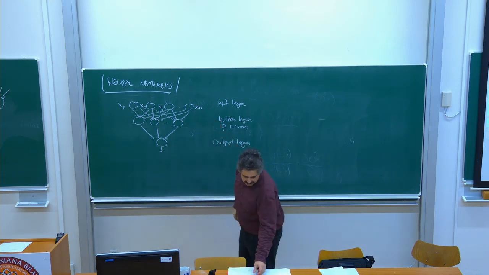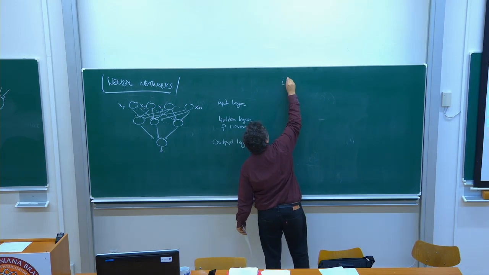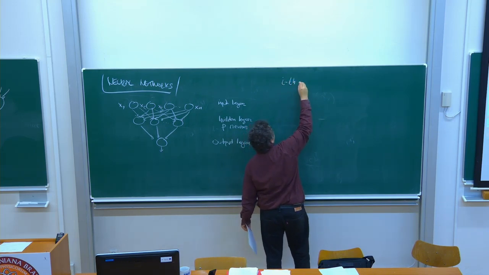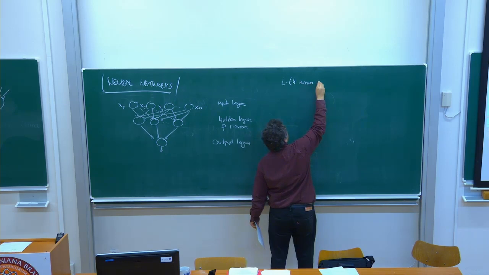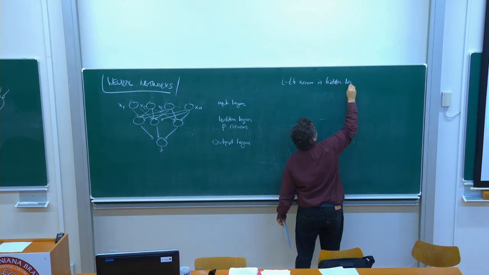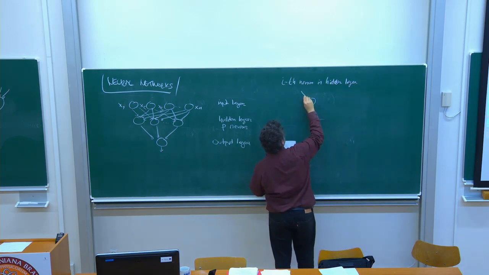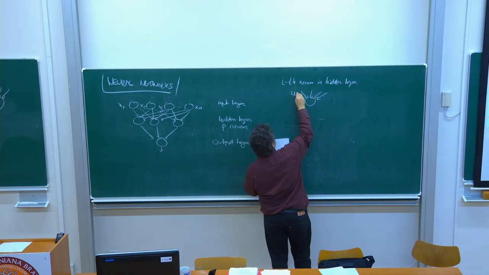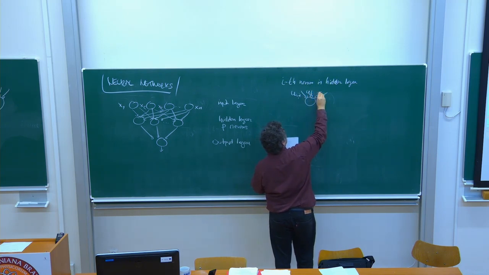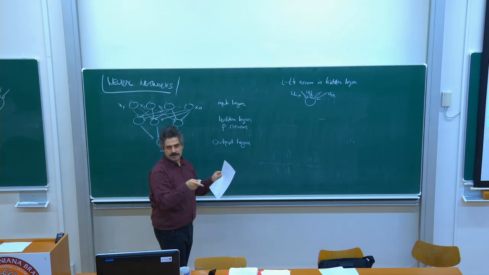So for the ith neuron in the hidden layer, we will have something like, let's denote this, Ui1, Ui2, up to Uin, where there are n inputs.